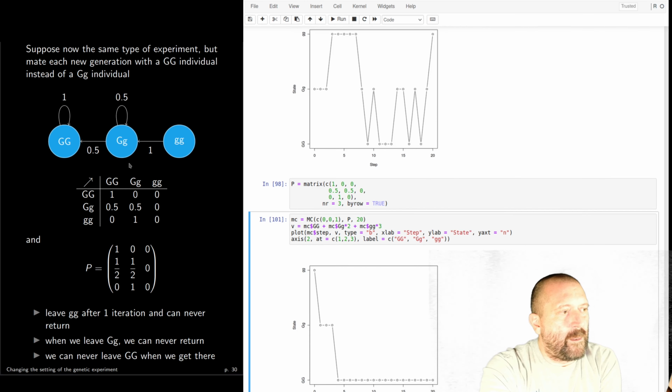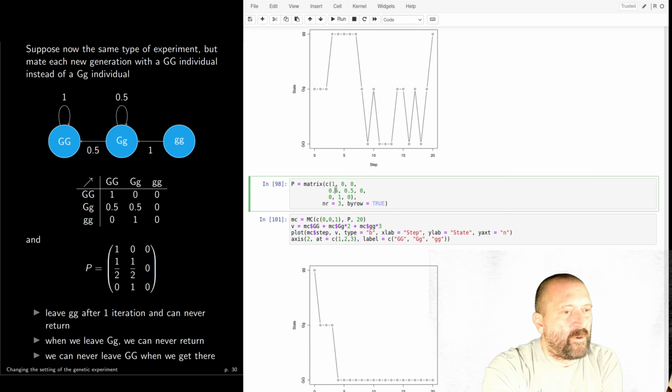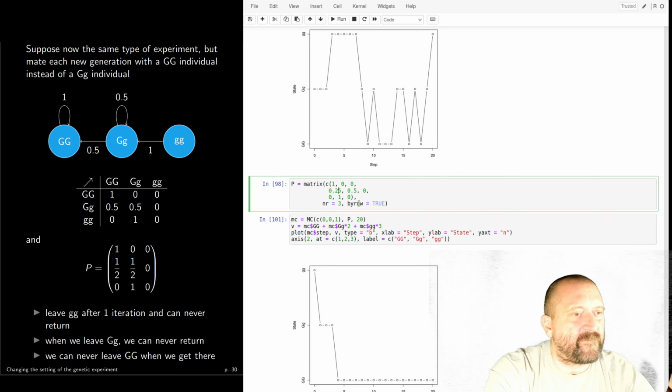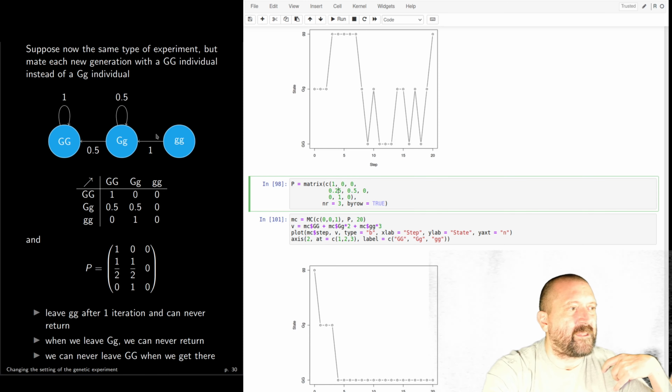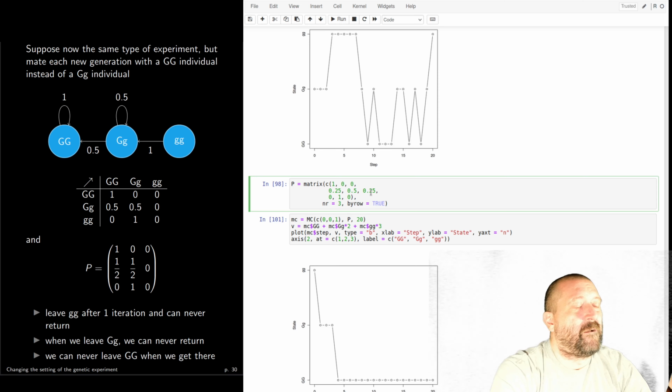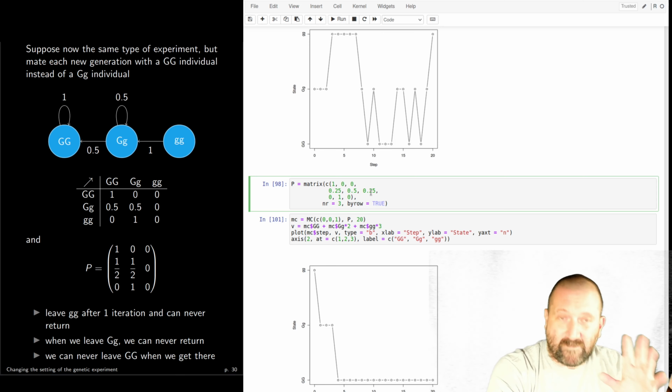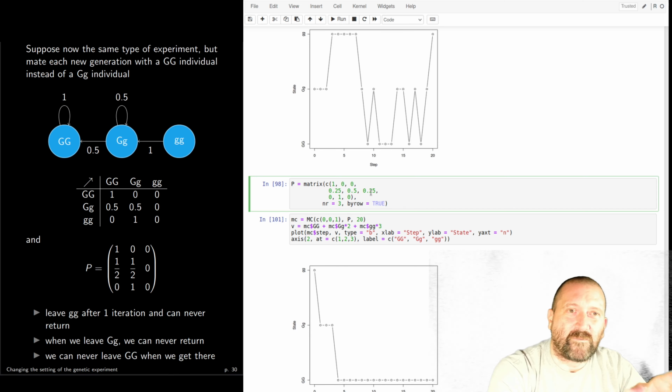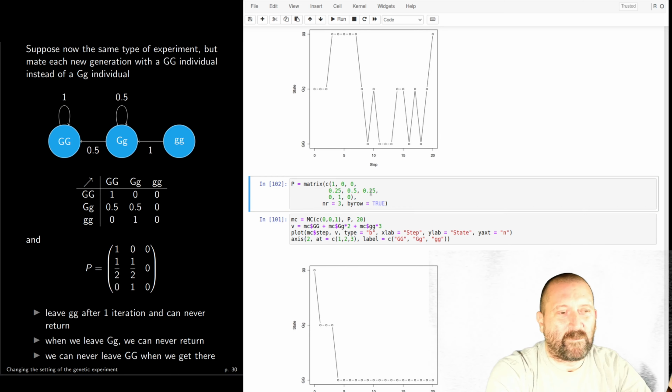Well, let's say that we still have a probability 1/2 of doing this, but that we have a probability 0.25, a fourth, of moving here and a fourth of moving back into the recessive state. Again, I'll stress, this is not the real case. This has nothing to do with the example we're looking at here.